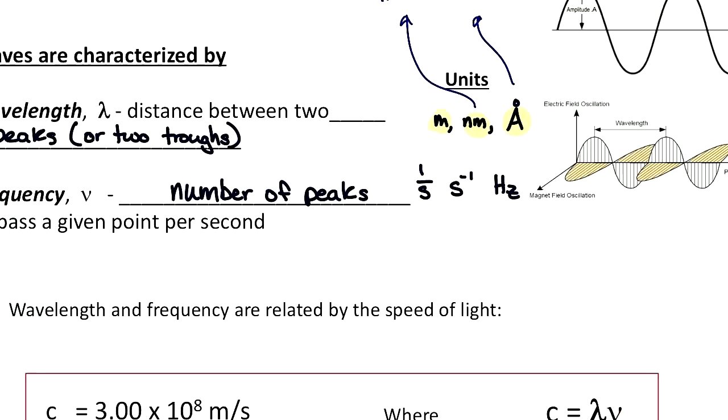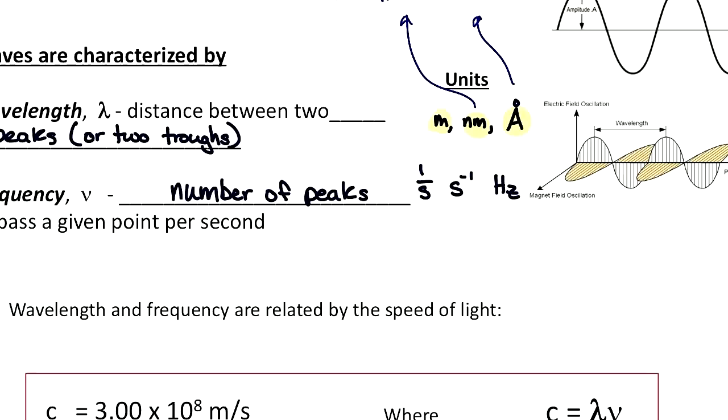We can see how the units cancel out: wavelength in meters, multiplied by frequency, which is 1/seconds, gives meters per second, which is the velocity or speed of light. So frequency has the unit of 1/second, a per second. It's just how many of those peaks are passing through a point per second.